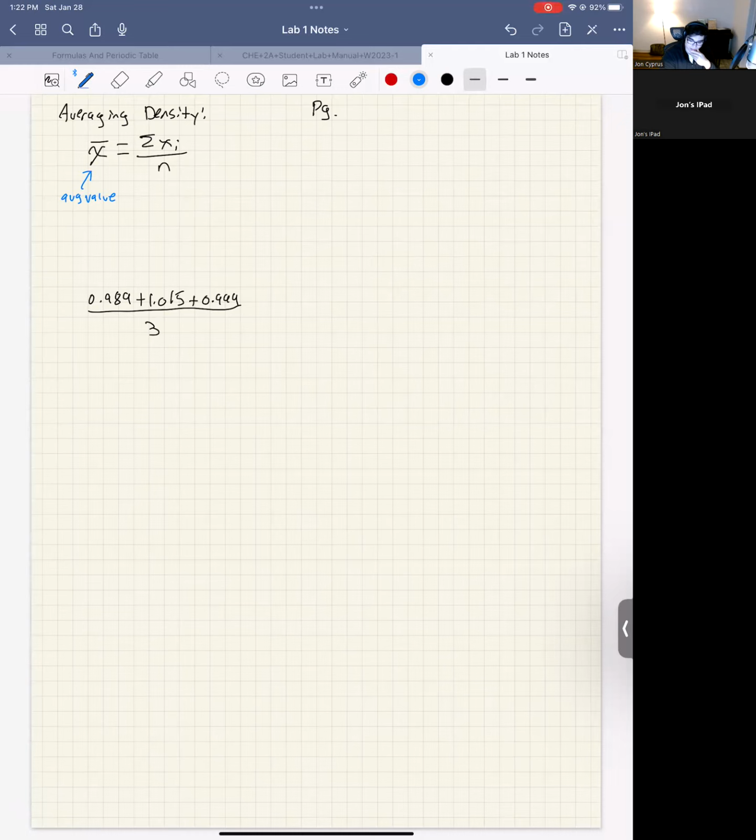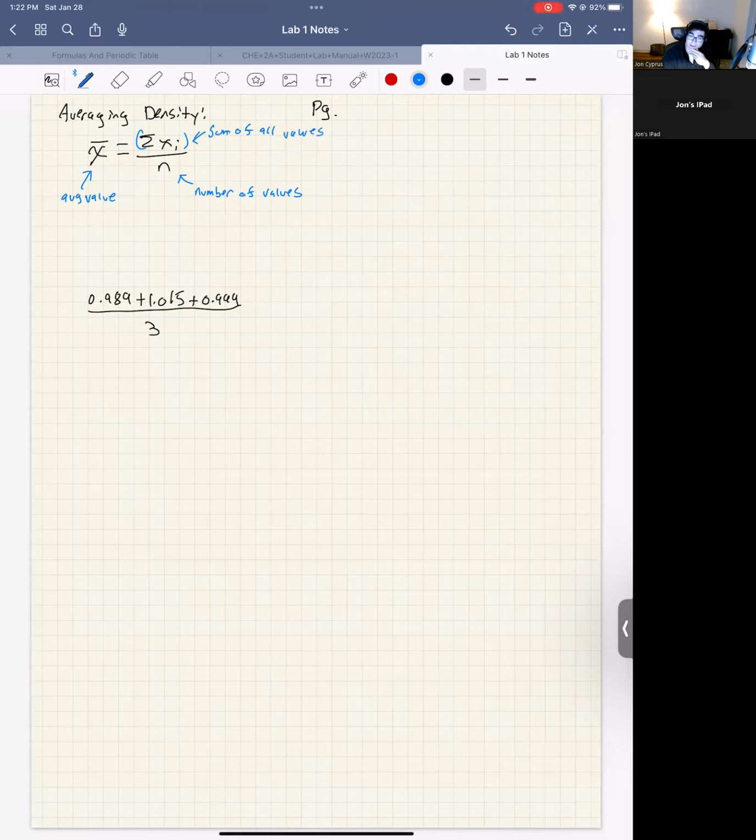This here is the number of values that you're averaging. And this up here is the sum of all values.